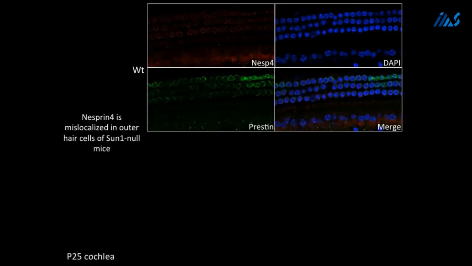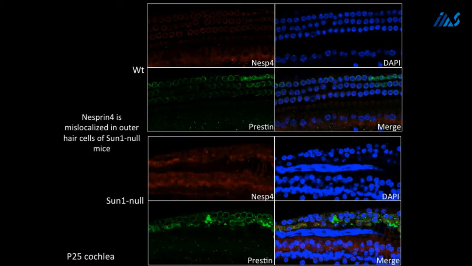Okay. So when we look at the distribution of nesprin 4 in SUN1 knockout animals, what you find is that nesprin 4 becomes completely delocalized from the nuclear envelopes of outer hair cells. What's also evident from this slide, which again is from a P25 animal, is that its cochlear organization is completely shot.